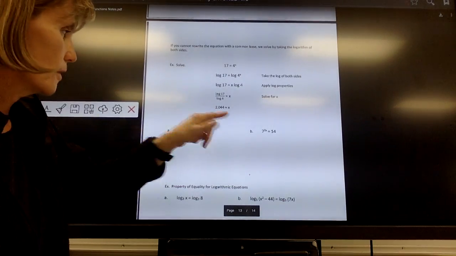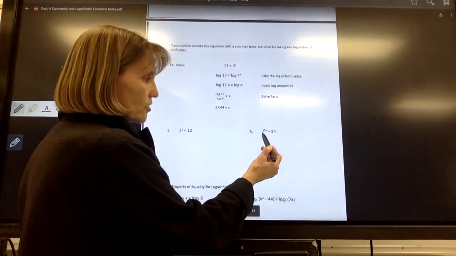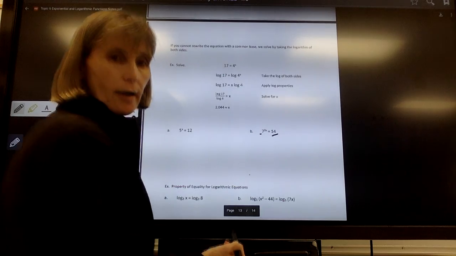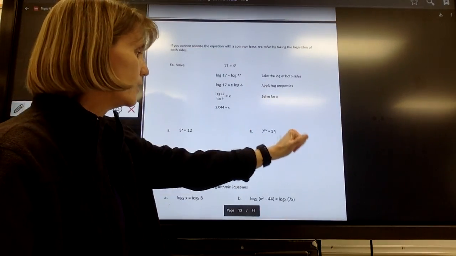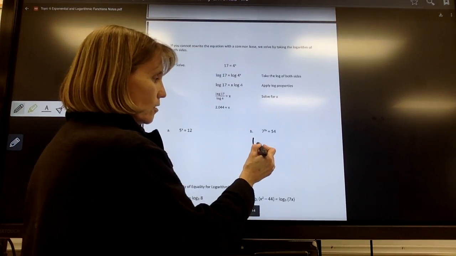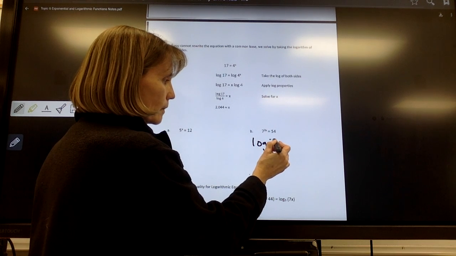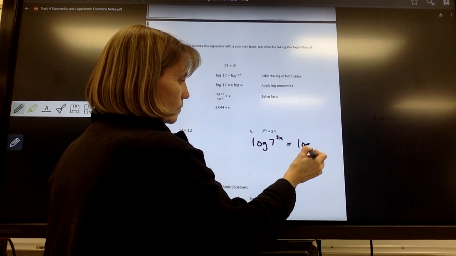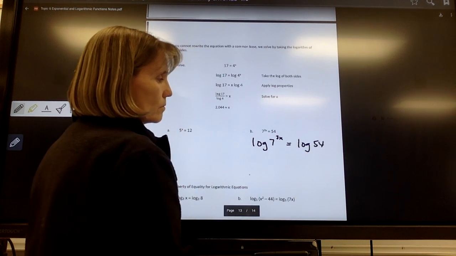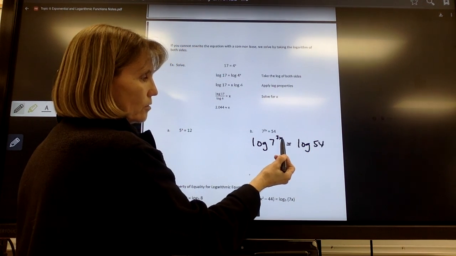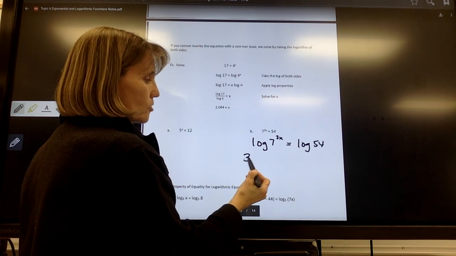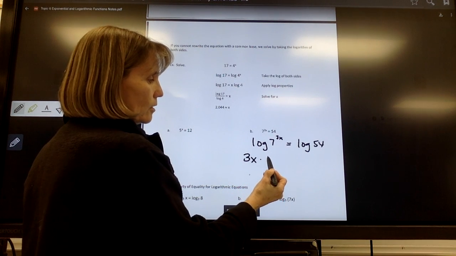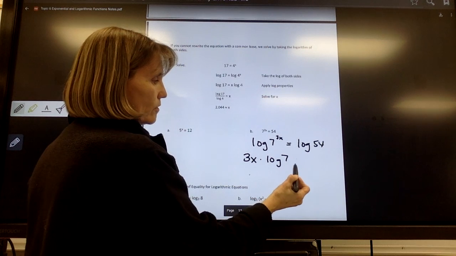If I want to look at example B here, I've got the number 7 and I've got the number 54. I can't express those with a common base, so I'm going to go ahead and take the log of both sides. I've got this exponent here that comes out front as a multiplier, so it's 3x times the log of 7.